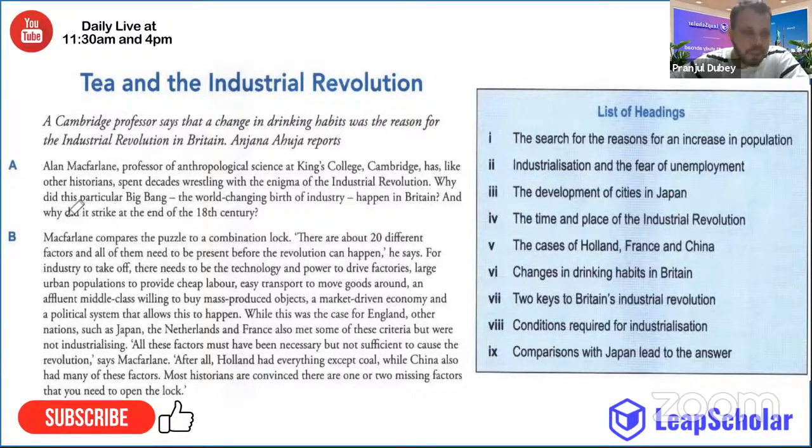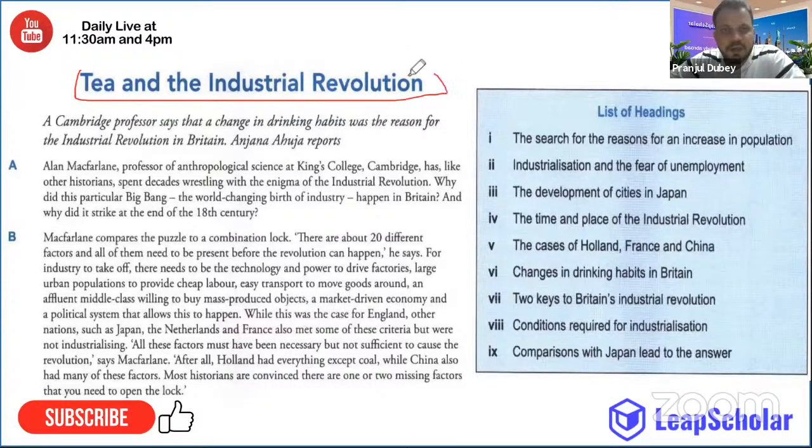All right, great. So coming to the understanding of tea and the Industrial Revolution. Now the passage has something to do with tea and the Industrial Revolution. For all those who are not able to solve this or feel that this is a tough section, please listen to me and follow the instructions. So, tea and the Industrial Revolution.